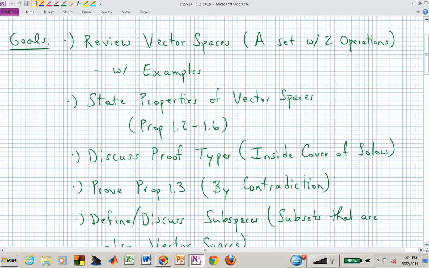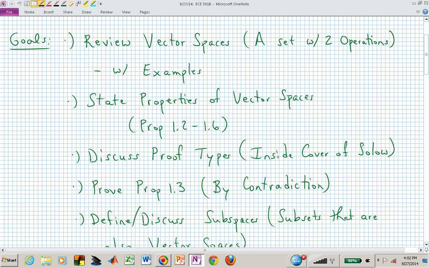We will simply state some of the properties that are associated with vector spaces, and those are supposed to be consistent with what you have in the textbook as propositions 1.2 through 1.6. We're obviously in chapter 1.